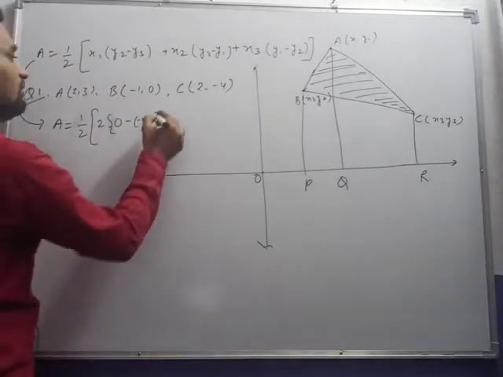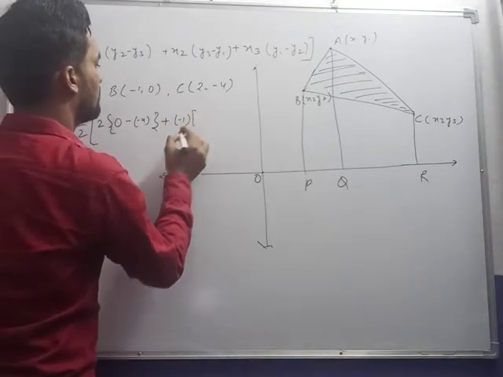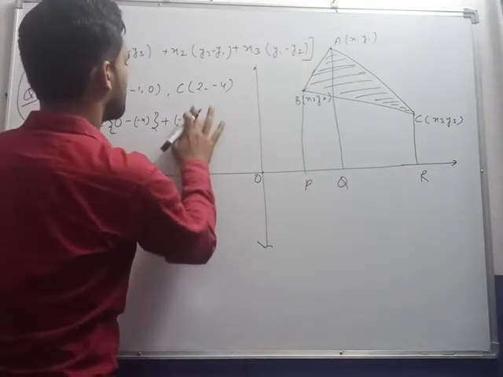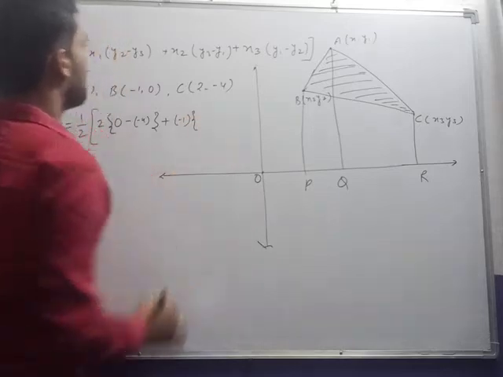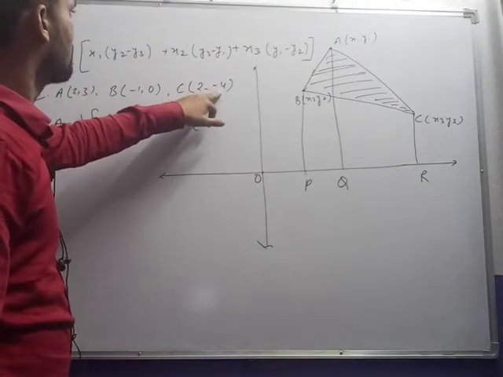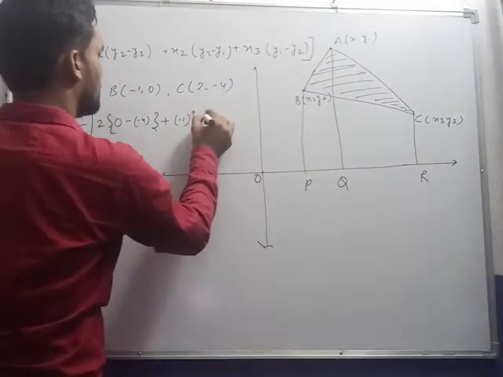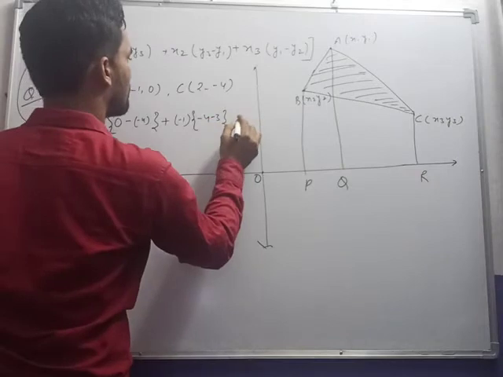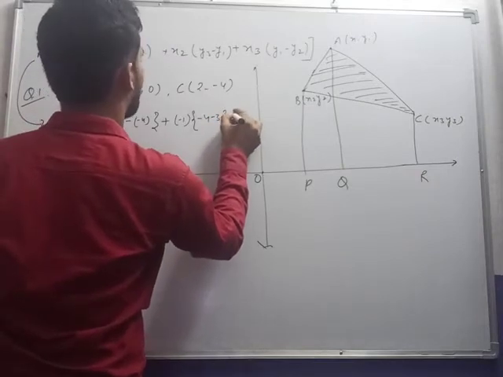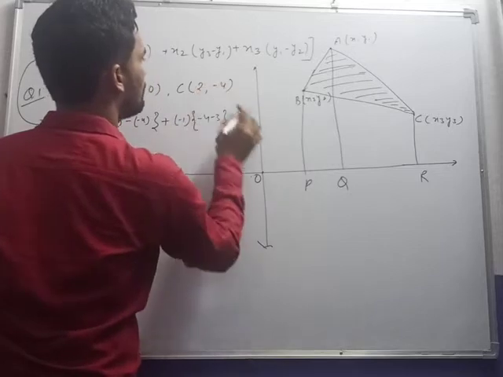Then plus x2, which is -1, then y3 minus y1: y3 is -4, minus y1 which is 3, so -4 minus 3. Then again plus x3, which is 2.